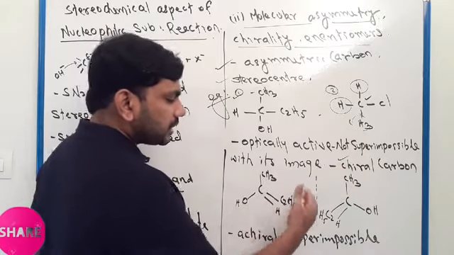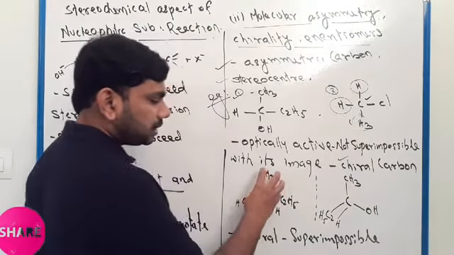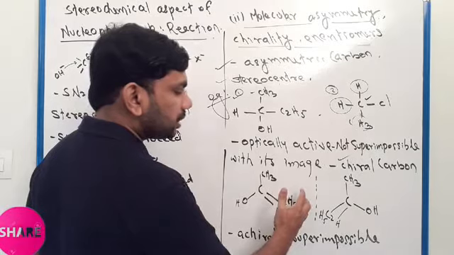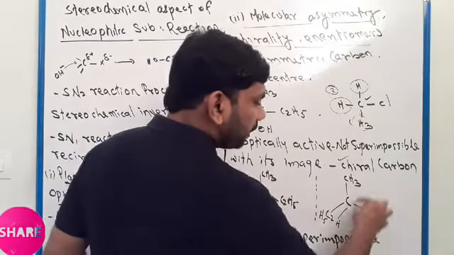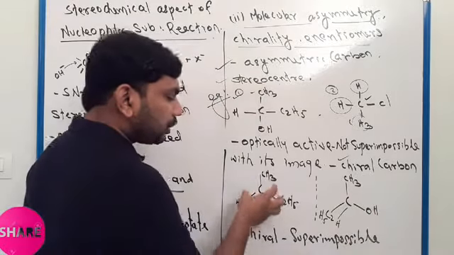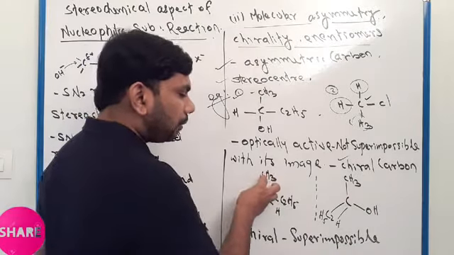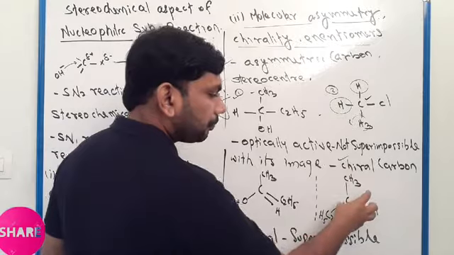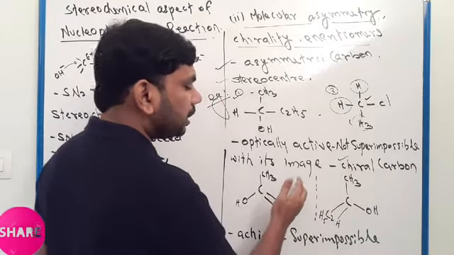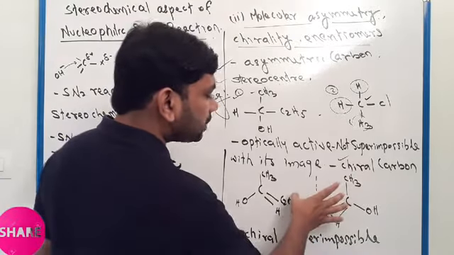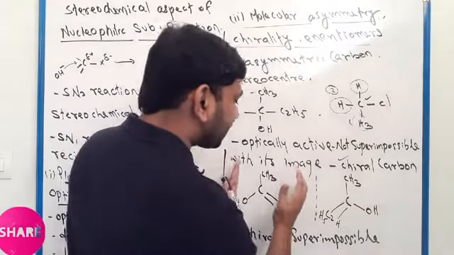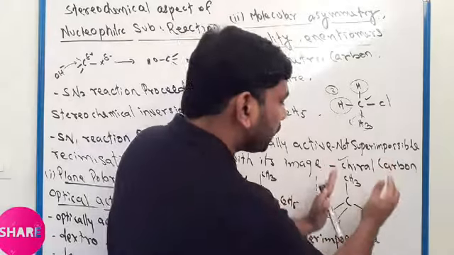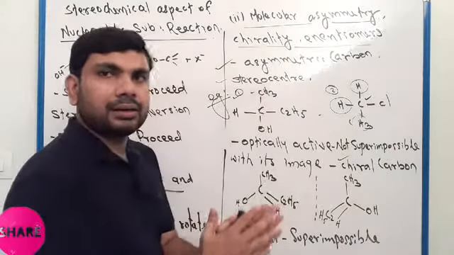Here on the right hand side there is C2H5, here hydrogen. In this structure, here OH on the right hand side. So you cannot place this compound exactly over here. It's not matching because here right hand side is C2H5 and hydrogen, here right hand side it is OH. So exactly you cannot keep this over here.